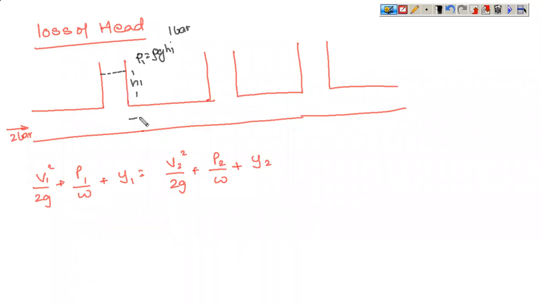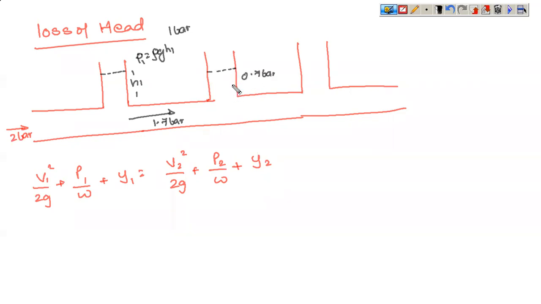When this fluid flows further ahead, due to friction, what will happen? Let us say that due to friction in this pipeline, the pressure becomes 1.7 bar while entering here. So the height will correspond to 0.7 bar.